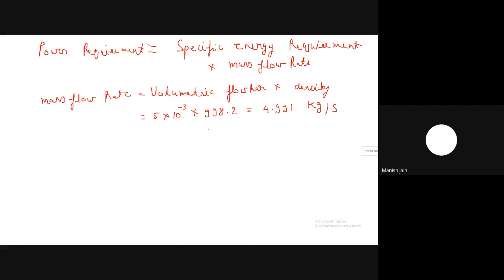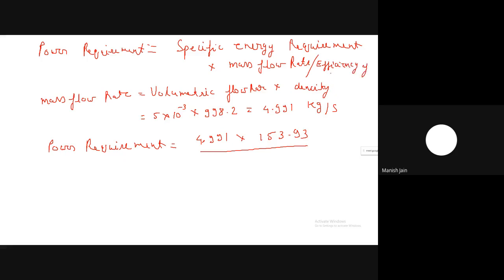So the power requirement is 4.991 multiplied by the specific energy requirement 153.93, and then divide by the efficiency of the pump, that is 65%, means 0.65.